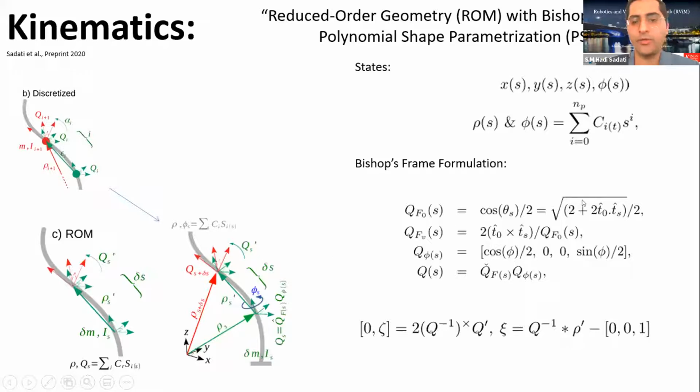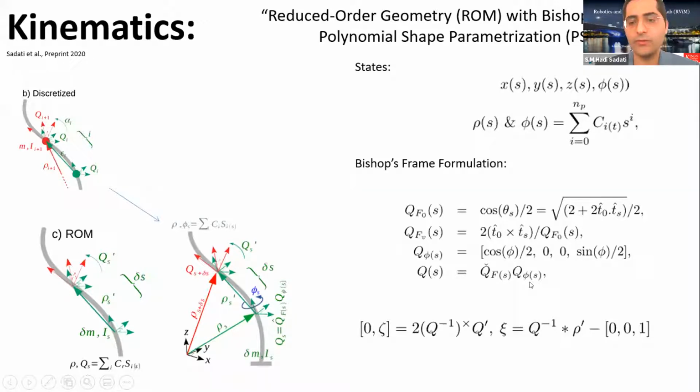We can define a Bishop frame. So instead of parameterizing the full orientation space, I mean all of the elements of a quaternion, we can just define a twist angle, extract a tangent frame based on the curve geometry, and just impose the twist angle on top of that.